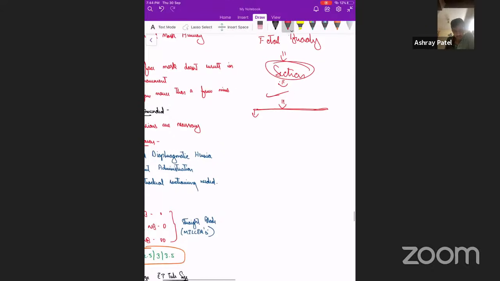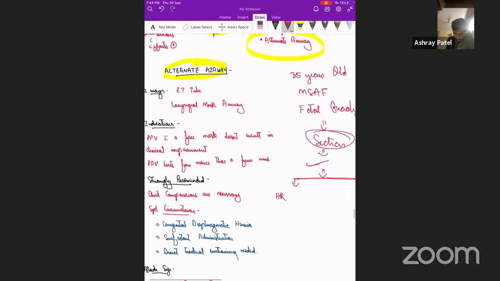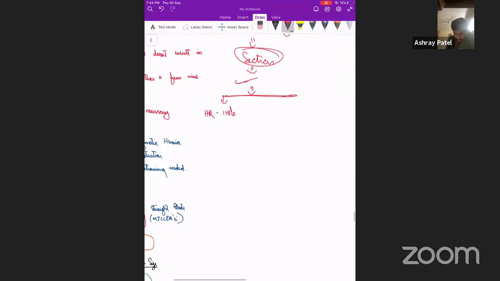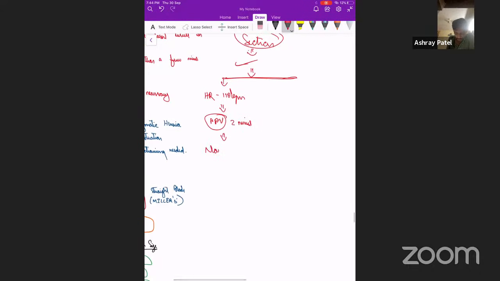Okay, the same baby, after receiving 30 seconds of effective positive pressure ventilation, heart rate had increased to 110 beats per minute. So you continued the positive pressure ventilation. But even after giving positive pressure ventilation for around 2 minutes, respiratory efforts did not come back. There was no spontaneous efforts. This is one of the case scenarios.